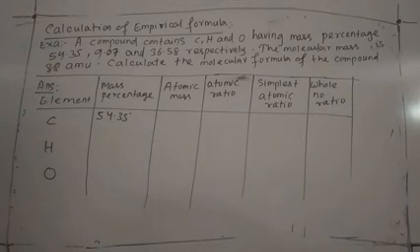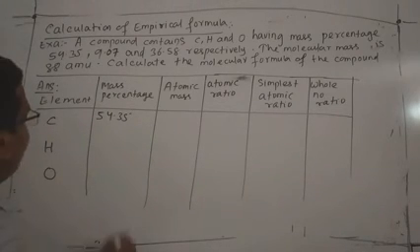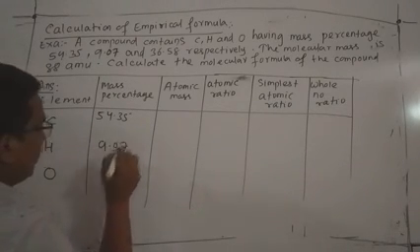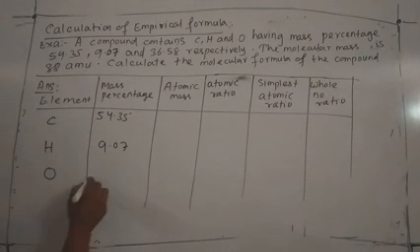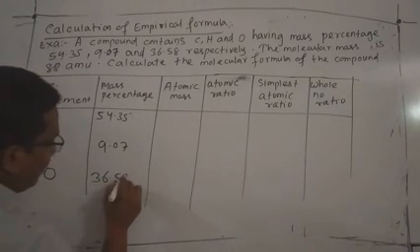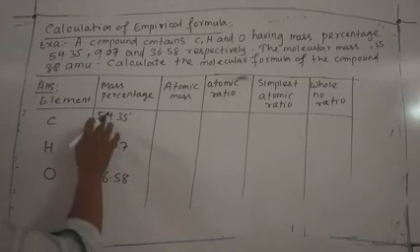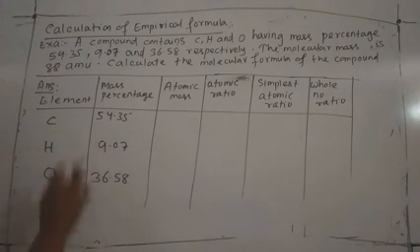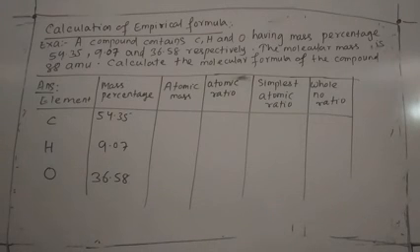Mass percentage of carbon is 54.35. Mass percentage of hydrogen is 9.07. Mass percentage of oxygen is 36.5.